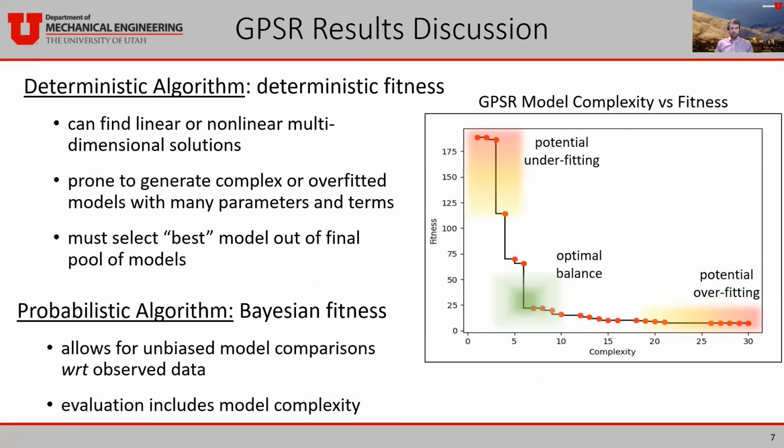This is typically done by comparing model complexity versus fitness to try to find a solution with the best balance, and also by evaluating those selected balanced solutions against a holdout or testing data set to estimate the expected generalization of those models.